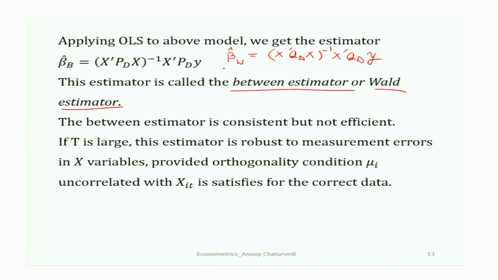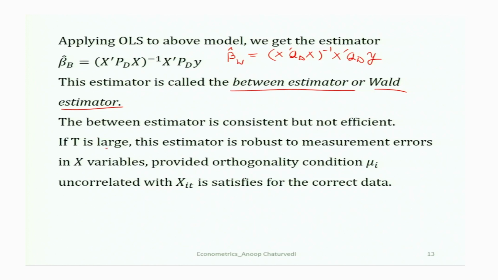So, that is why this estimator is called the within estimator, whereas this estimator is based on the individual specific means. So, this is the between estimator. The between estimator is consistent, but not efficient.